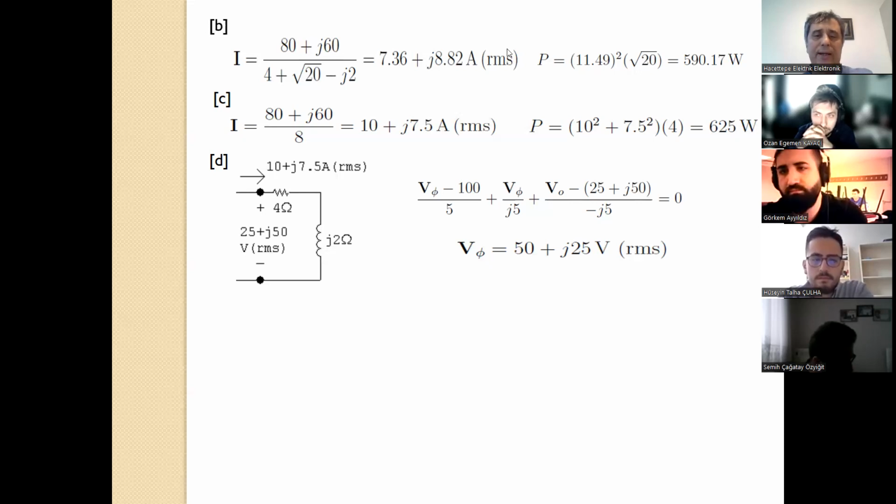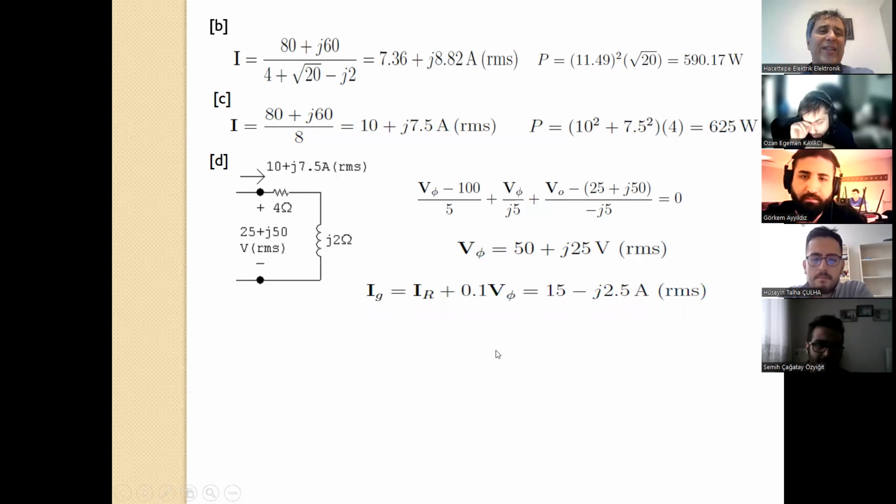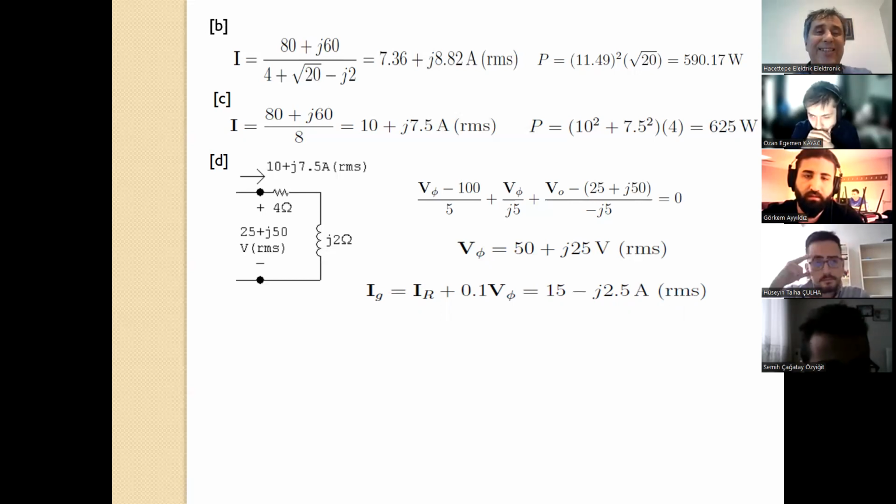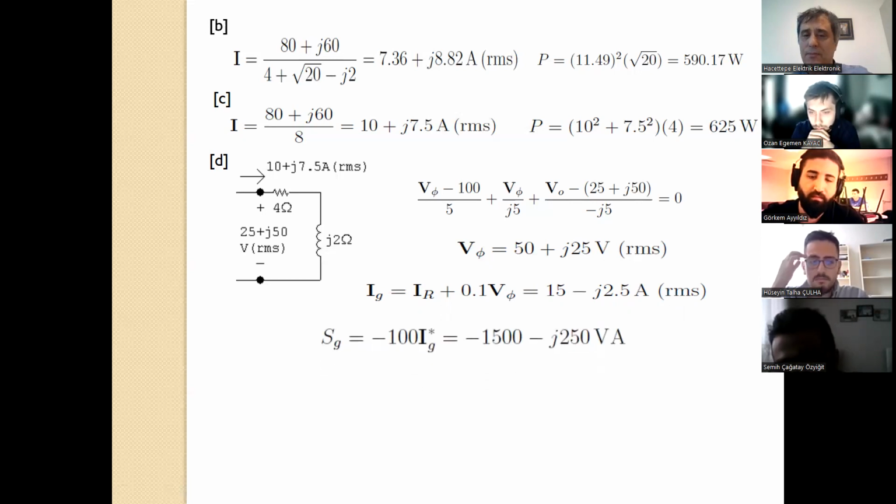So I can calculate Ig over the source, IR plus 0.1 V5, this is 15 minus j22.5 amperes. This is the current developed by the voltage source. So it is easy.